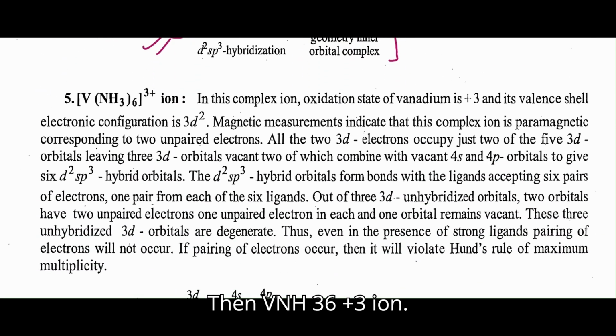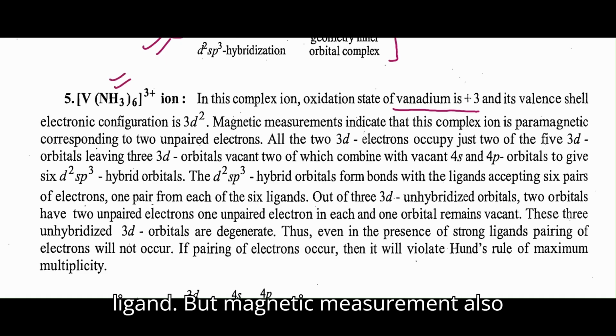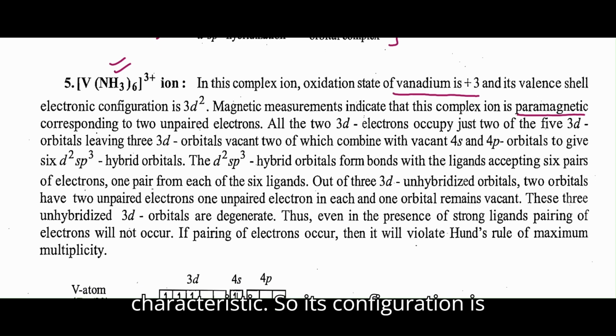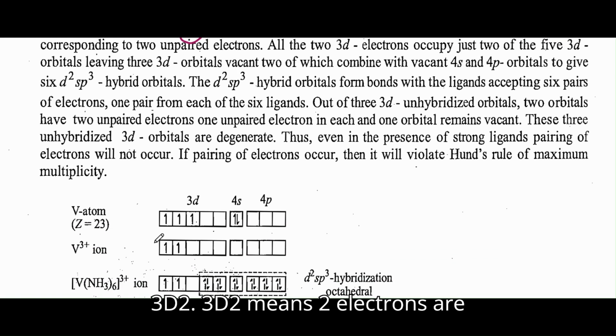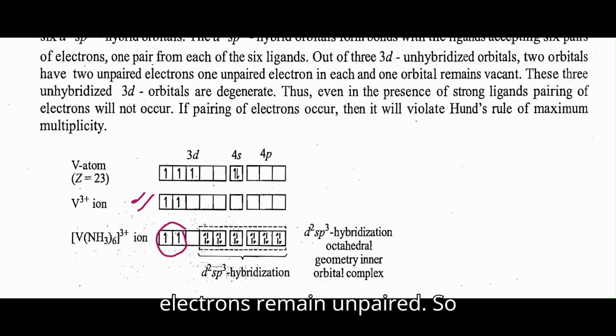Then the [V(NH3)6]3+ ion. In this case, vanadium is in the +3 oxidation state. NH3 is a strong ligand, but magnetic measurements also show that it has paramagnetic characteristic. So its configuration is 3d2. 3d2 means two electrons are present in the d orbitals and these two electrons remain unpaired.